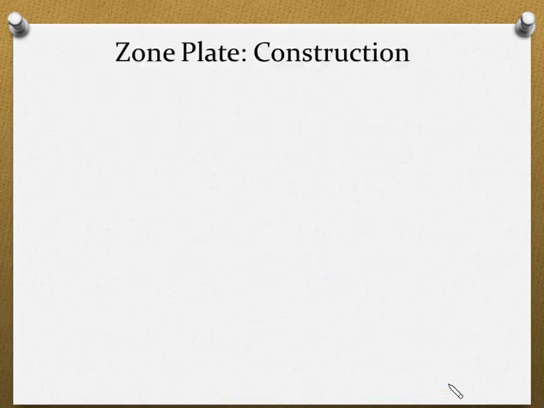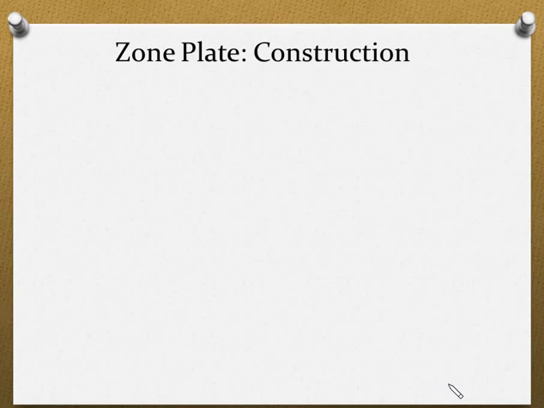So how can you construct a zone plate? It's very easy. You just take a piece of paper and draw concentric circles on it, such that their radii are proportional to the square root of natural numbers.